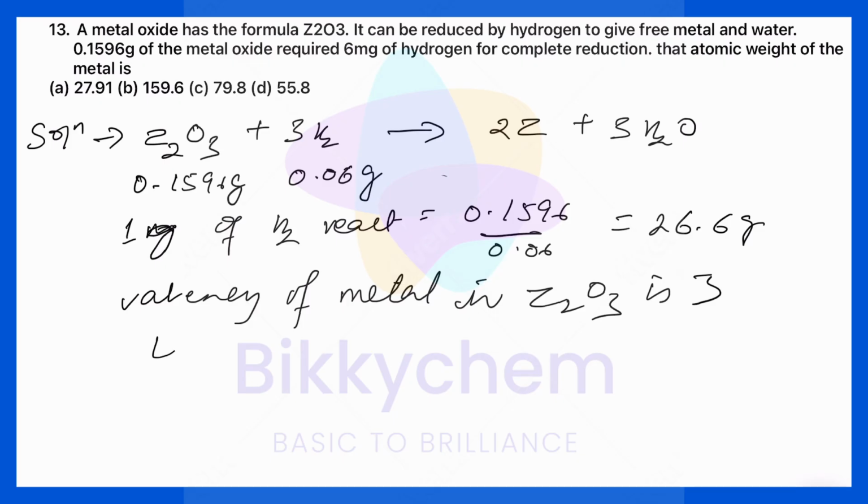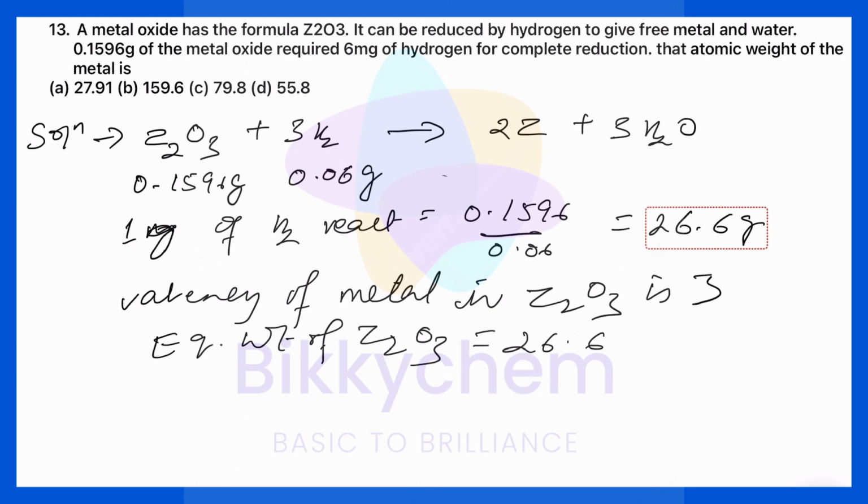So equivalent weight of Z2O3 we got is 26.6, and therefore equivalent weight of Z plus equivalent weight of O is equals to 26.6.